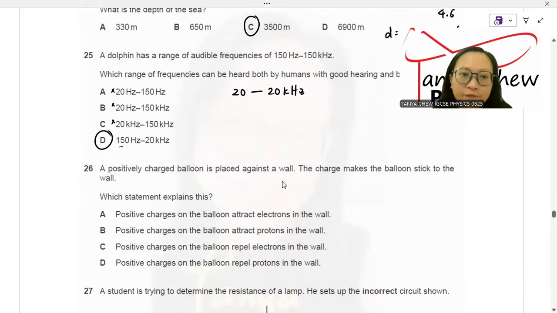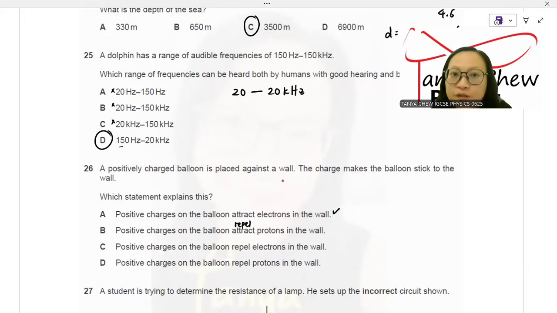26. A positively charged balloon is placed against the wall. The charge makes the balloon stick to the wall. Which statement explains this? A. Positive charges on the balloon attract electrons from the wall. It seems to be correct. B. Positive charges on the balloon attract protons. No, it is meant to be repel. Like charges repel. C. Positive charges on the balloon repel electrons.